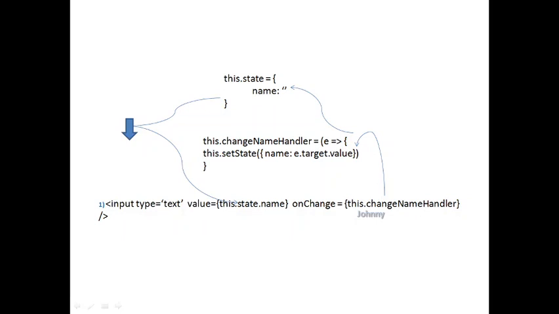We call this a controlled component or controlled input. First we set a value property to it. Based upon the change event, the input value will be updated. For example, the user has typed something, it is updated in the state, and after updating the state, it reflects again in the value.